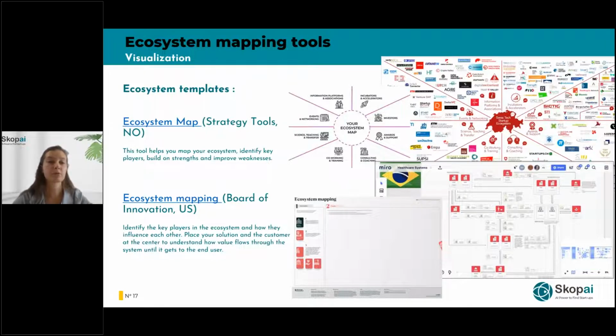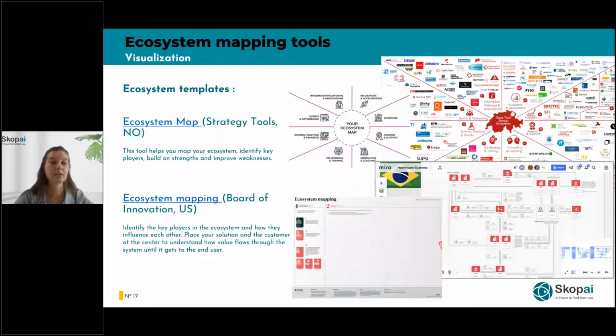This map allows to visualize ecosystem, identify key players, and identify strengths and weaknesses. For example, it identifies eight different key players, and on the right up corner you can see that this template has been applied to map the Swiss tech startup ecosystem.